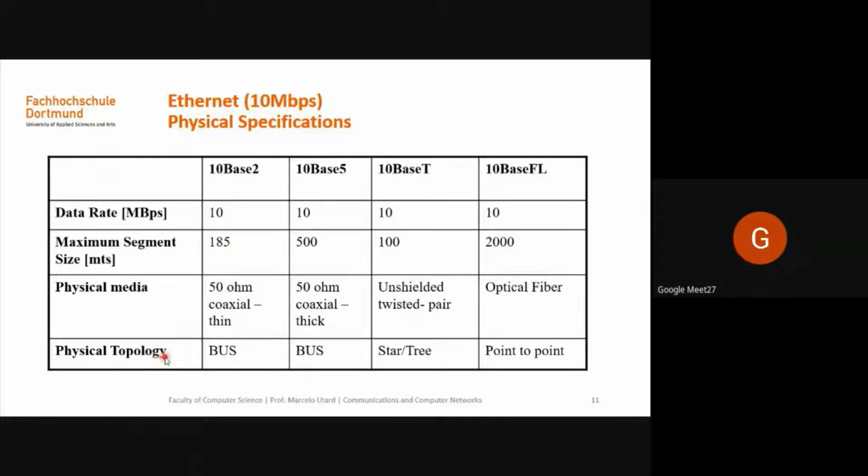And finally, the physical topology, because the logical topology of Ethernet is always a bus. In the case of a coaxial cable, the physical topology is a bus too, because every node could listen and could transmit at any time.